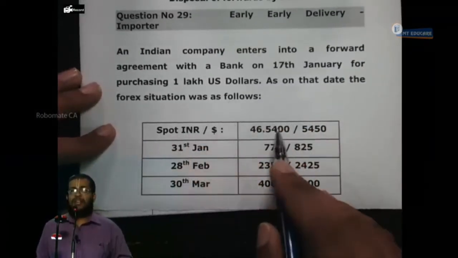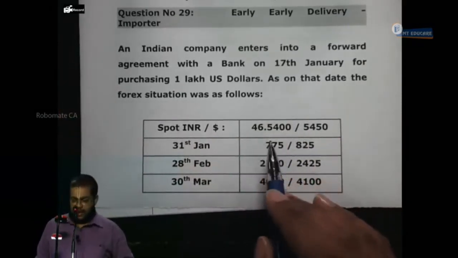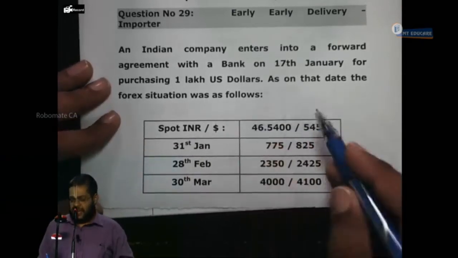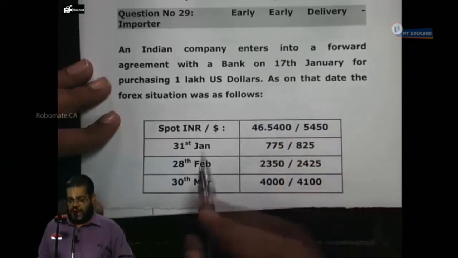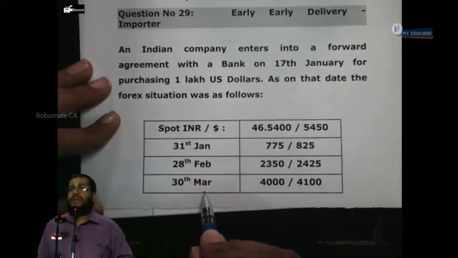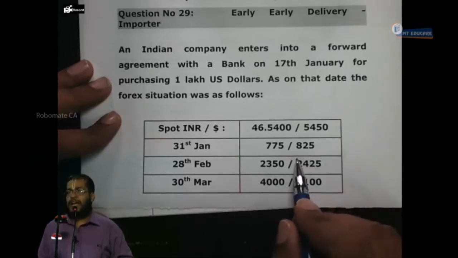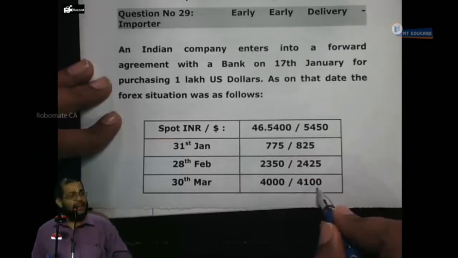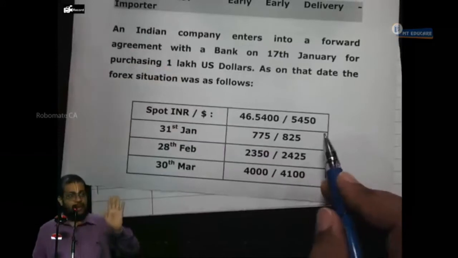This table is a quotation board given in the bank on which date? 17 January. On 17 January, the rates for various dates are given. I went on 17 January to purchase for which date? 30th March. I should go for which forward rate? Offer rate. So what should I be adding? This swap point, right or not? Now, please take the calculator. 46. Wait, one by one, yeah?